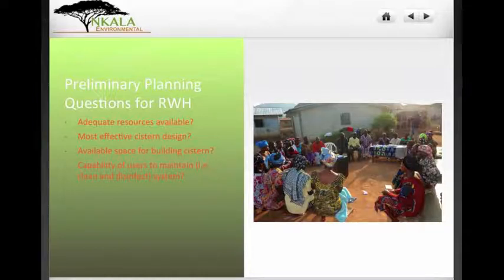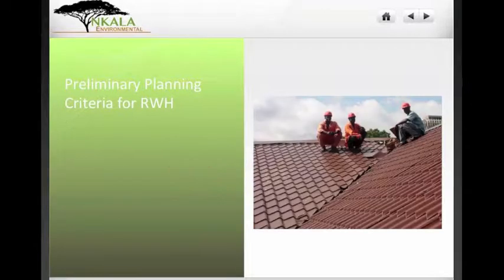What I mean by that is a lot of the responsibility for the system is on the individual household. Oftentimes a rainwater harvesting system serves one household, maybe two households, and those one or two households are responsible for the system, as opposed to a community-wide or village-wide system of water supply. So that's a very important concept.